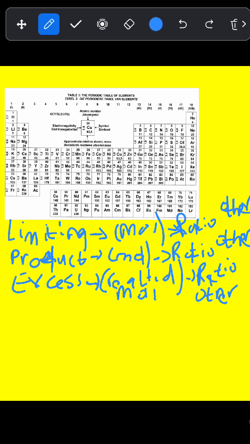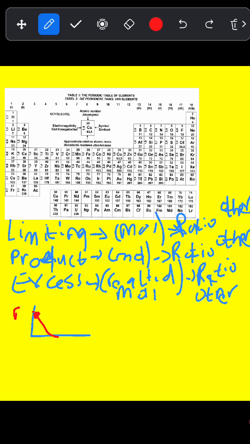Now, if they give you a graph like this, it starts with a certain amount, then decreases until it becomes zero.